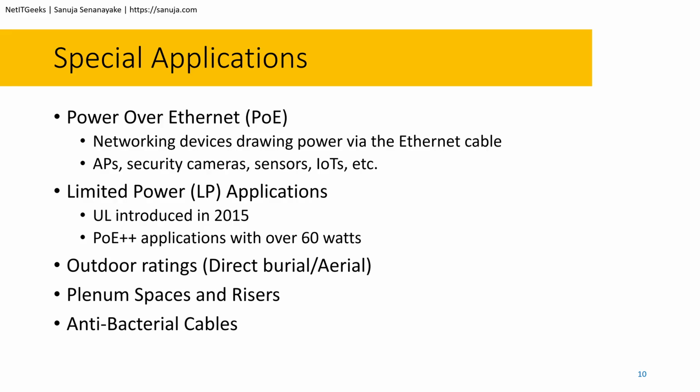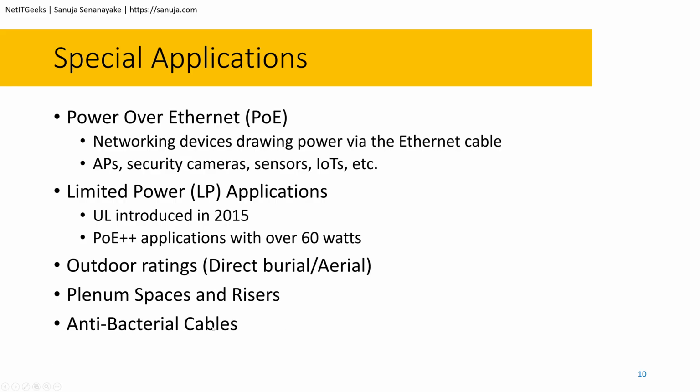Antibacterial cables also do another thing. Some of these cables with PVC and other jackets, if you expose them to things like sanitizers, the cable jacket will degrade really fast. Like if you are working in a hospital and you have a patch cable connected to a laptop, and every single time a doctor or nurse comes in and cleans that patch cable with an antibacterial chemical, that patch cable jacket could wear out.